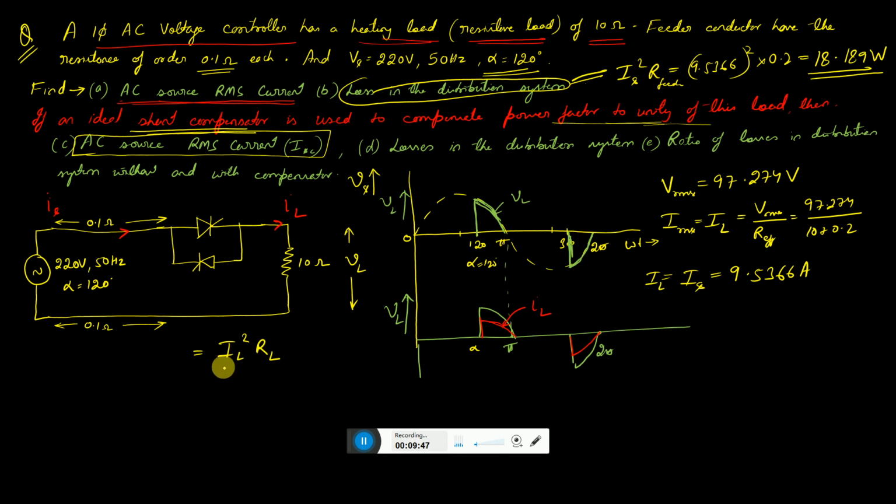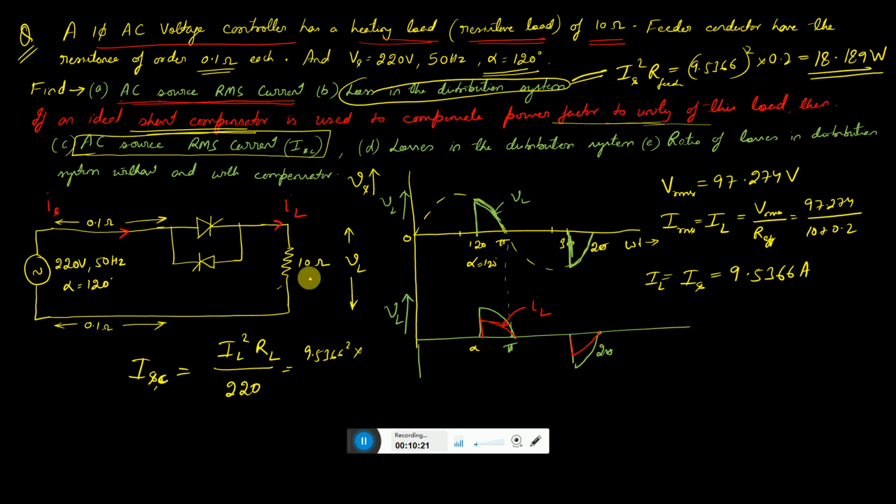For this, we will divide by the voltage, but instead of the load voltage VL, we will get VS. If we use a compensator, then this is 220 volts. So this will give you the value of IS after compensation, ISC. That value will be IL squared, that is 9.5366 squared, into RL.